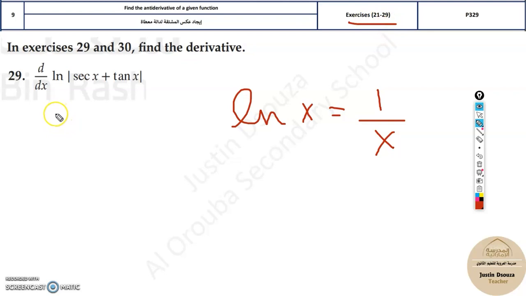So let's solve all the problems over here. There are three types of problem. One is normal integrals. One more is using the ln, knowing whether the numerator is the derivative of the denominator, and then this one just to find the derivative. Over here, remember the derivative of ln x is equal to 1 by x.